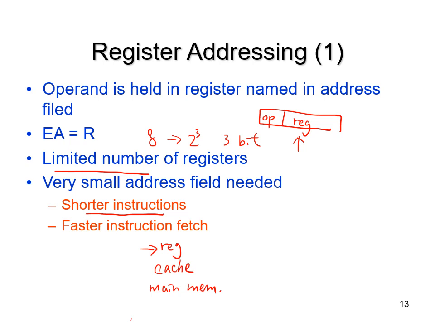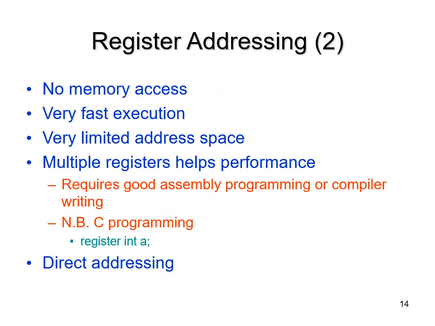And as I said, when the instruction uses register addressing, it should speed up, because of low memory access. It will result in very fast execution, but as we have just described, it has a limited address space.